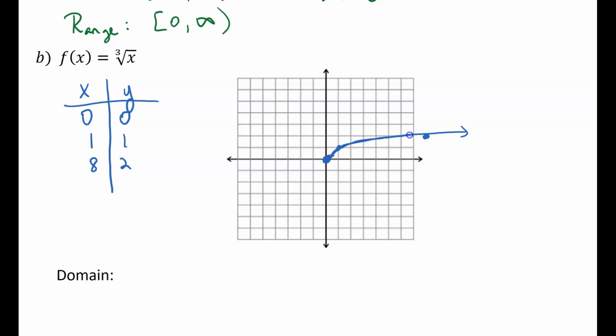What about the negative direction? -1, right? Can we have the cube root of -1? Sure. The cube root of -1 is -1. And so what else would be a good value to plug in? -8. And the cube root of -8 is -2.